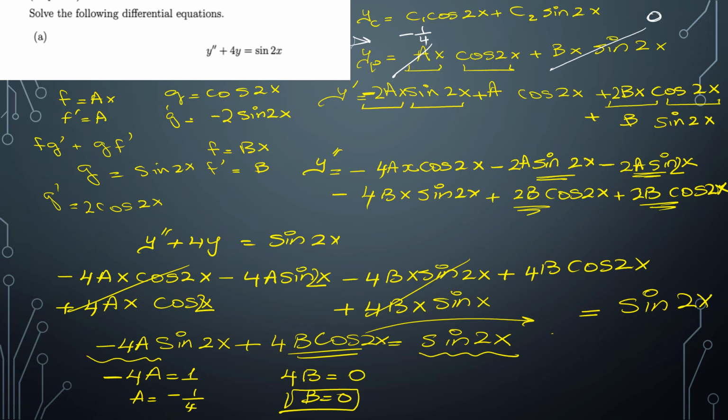Now my final answer is y equals yc plus yp. So I can write here y equals yc is c1 cosine 2x plus c2 sine 2x plus negative 1 over 4 cosine 2x. So this is my final answer.